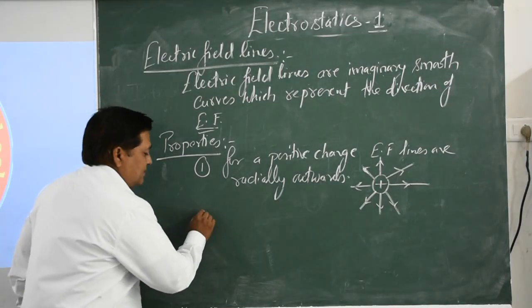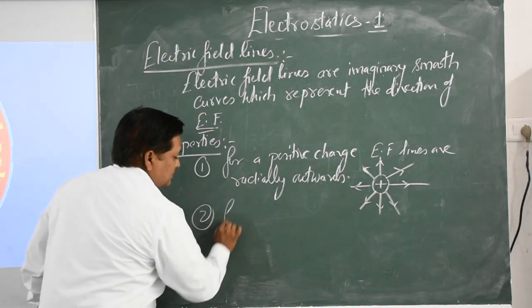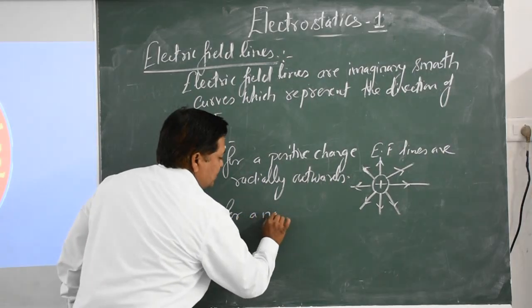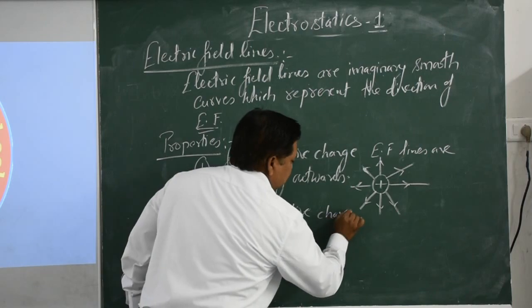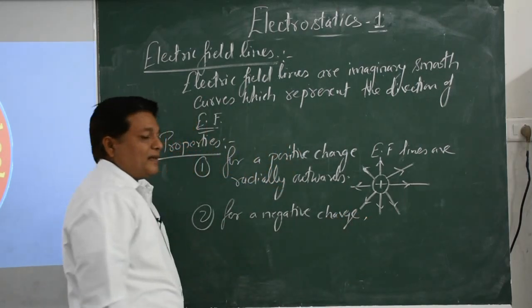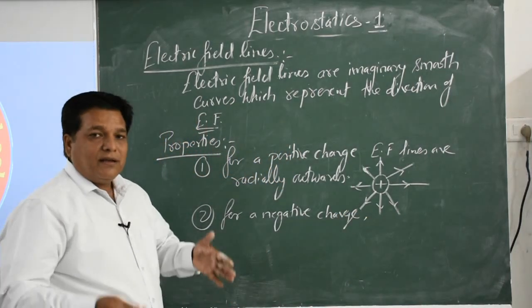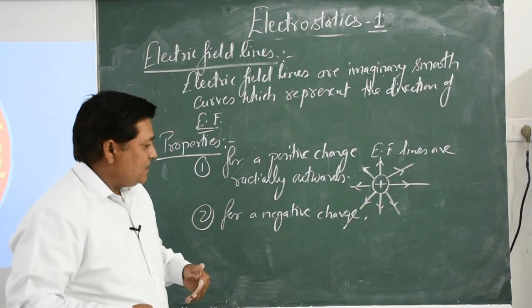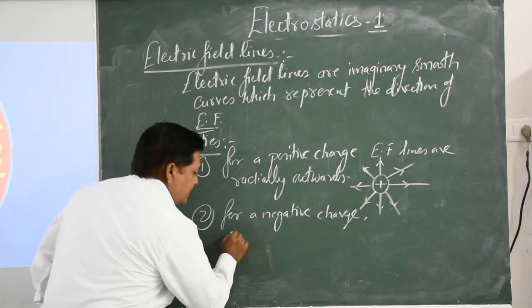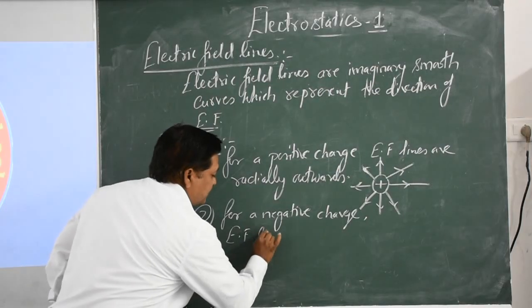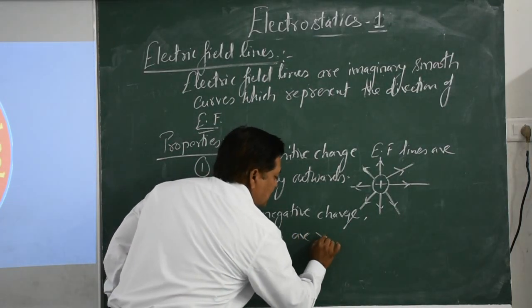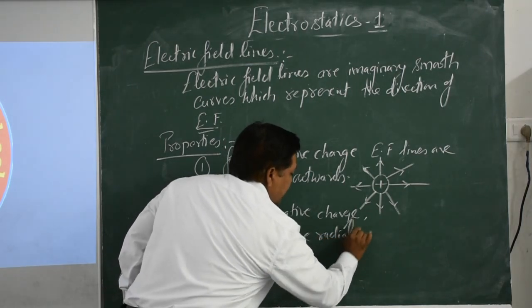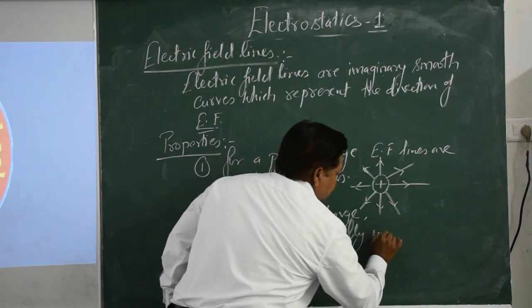Second, we can say that for a single negative charge, we consider that the electric field lines are moving radially inward to the negative charge. So we can write that electric field lines are radially inward.